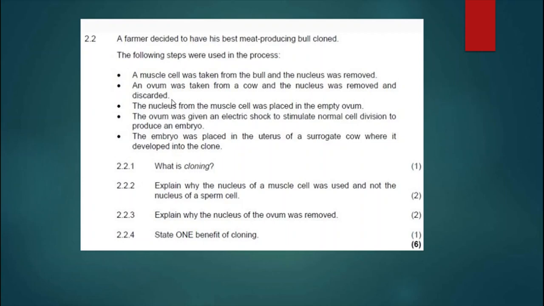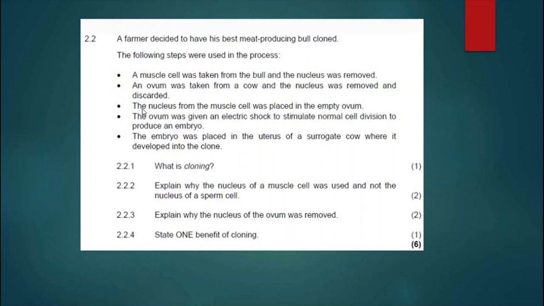Because they do not want the genetic material of this cow, but they want the genetic material of that bull that produces the best meat, right? So they take out the nucleus and remove it, and take the nucleus of the first bull and place it into the ovum, right? The nucleus from the muscle cell was placed in the empty ovum.